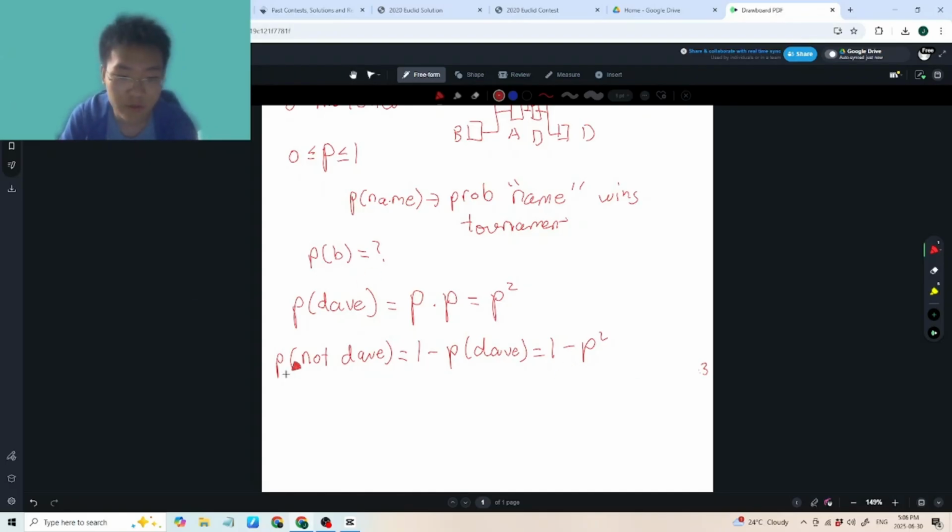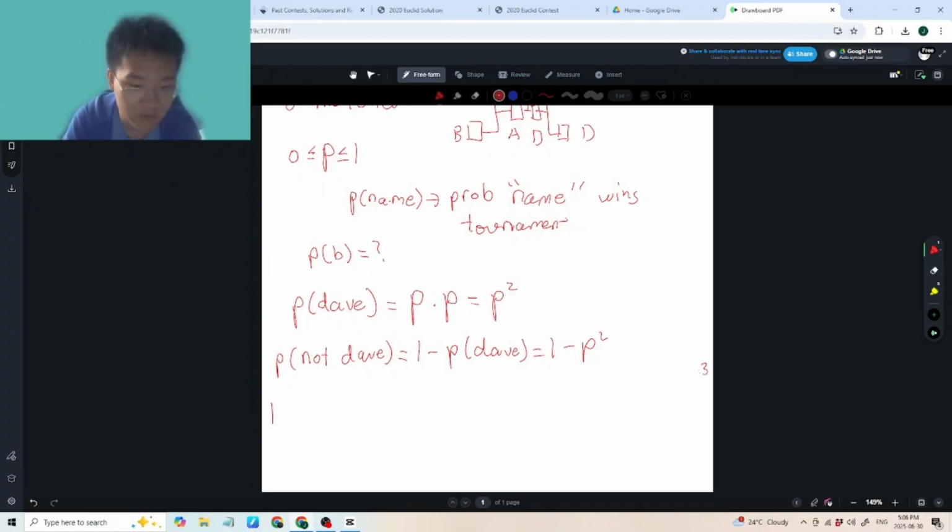Because the probability of not Dave winning the tournament is the probability of A, B, or C winning the tournament. Since all three of them are equal, the probability of one individual person winning the tournament is just the probability of not Dave winning divided by 3, because they share the same probability.